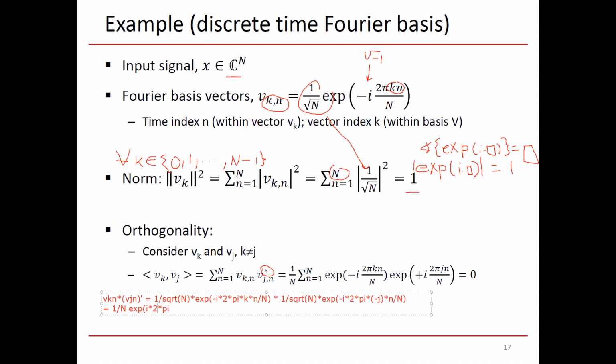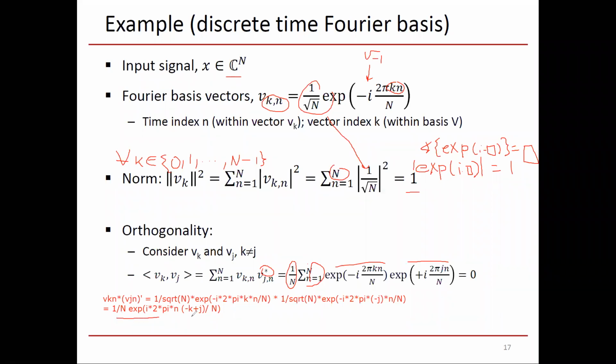exponent of i 2 pi n divided by capital N, and from the first expression we have minus k, and from the second expression we have plus j. So now we have a summation, 1 over N, summation over capital N terms, exponent of something that depends on k times exponent of something that depends on j.